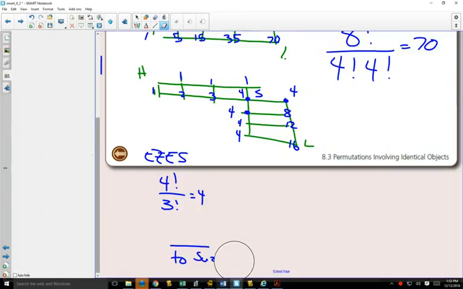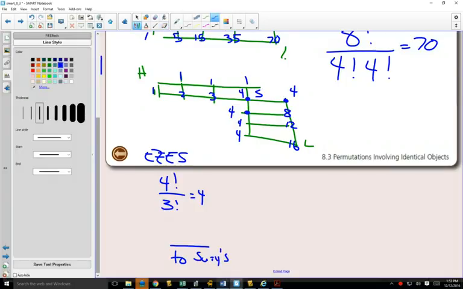Well, I'll spell Susie's name with the apostrophe S. There we go. There's 4 choices to get to Susie's house. And then after getting to Susie's, his next decision is how am I going to get to the library? Well, the library from Susie's house is 1 east and 3 south, which is also 4 factorial divided by 3 factorial, which is 4.